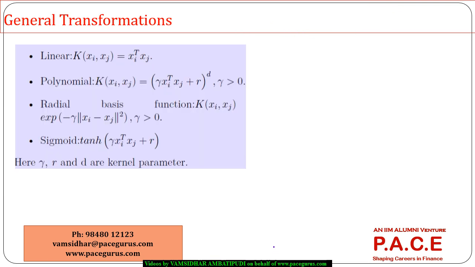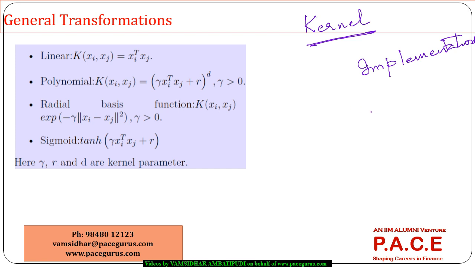So the whole process is heavily based on the kernel functions that we are going to use. And very commonly used kernels, once we look at the R implementations of each one of them, we would see that the different implementations in R support different kinds of kernel functions.